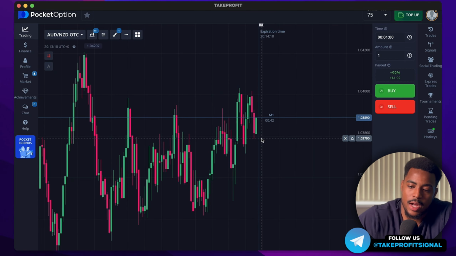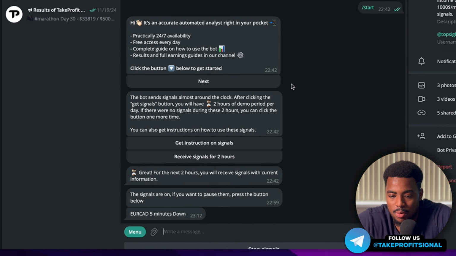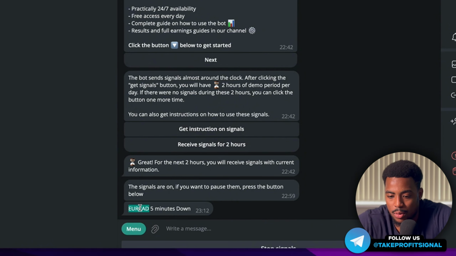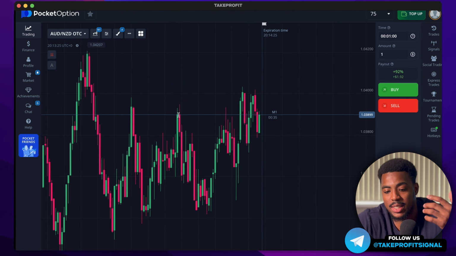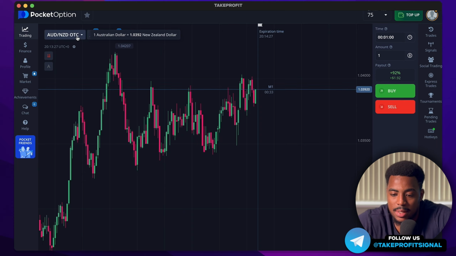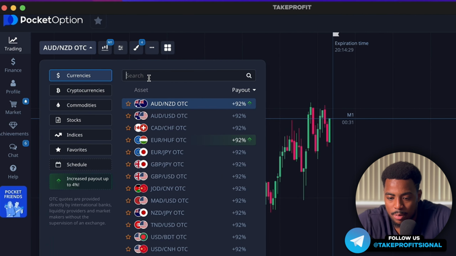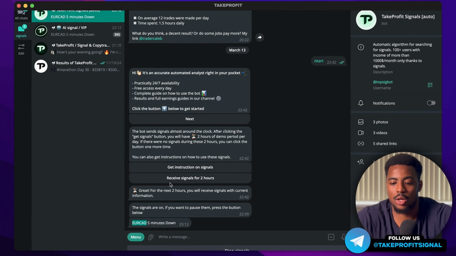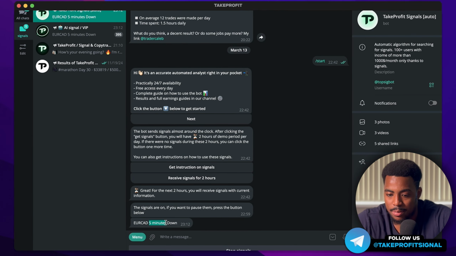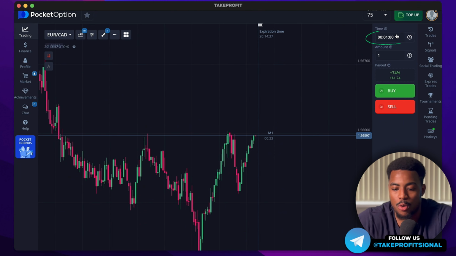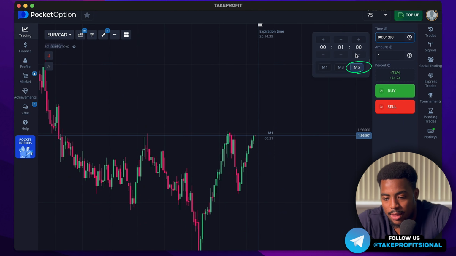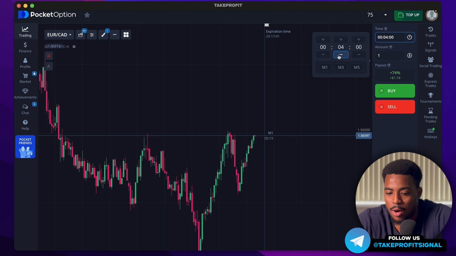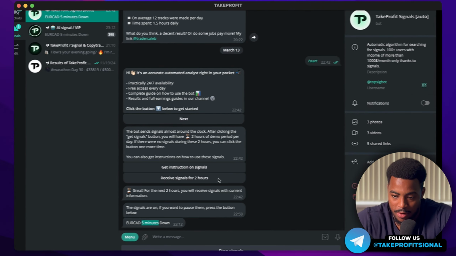So guys, I just got a notification from the robot. Let's open the trade with you right away, and I will explain the strategy to you at the same time. We copy the name of the asset, paste it onto the Pocket Option platform, then look at our trade time of 5 minutes. We go here and click either M5 or on 5 minutes.